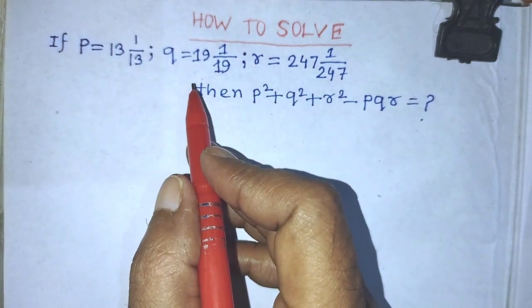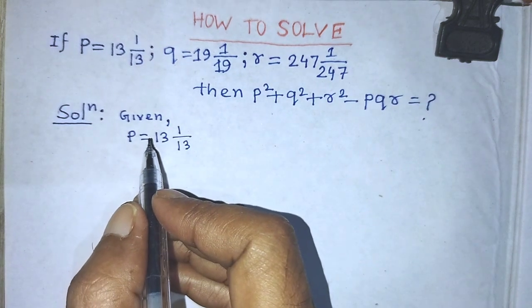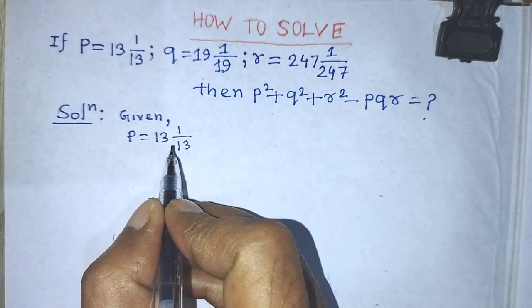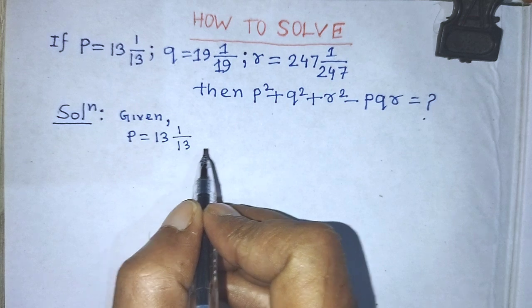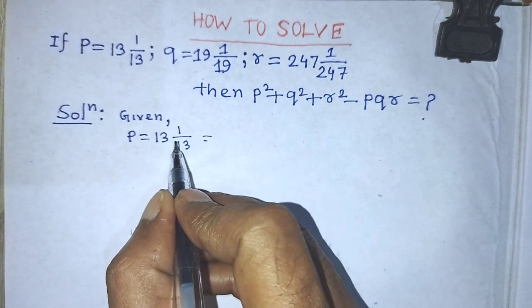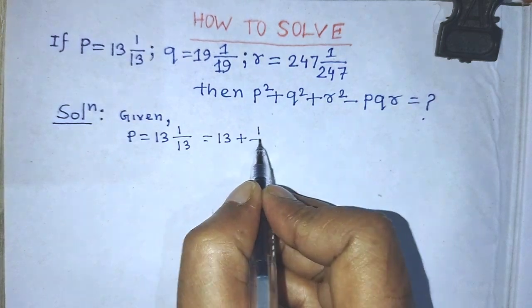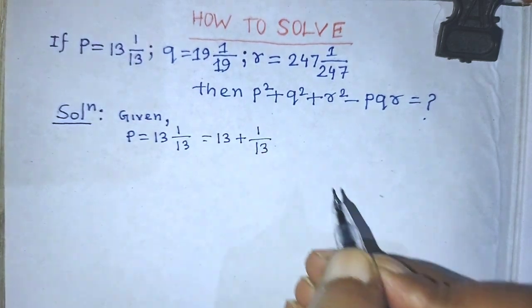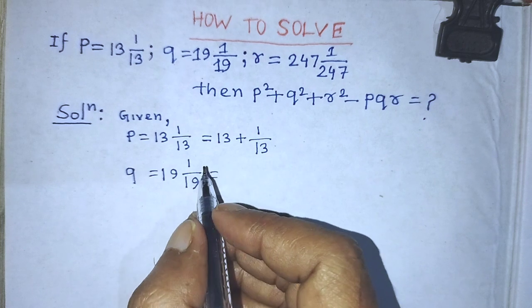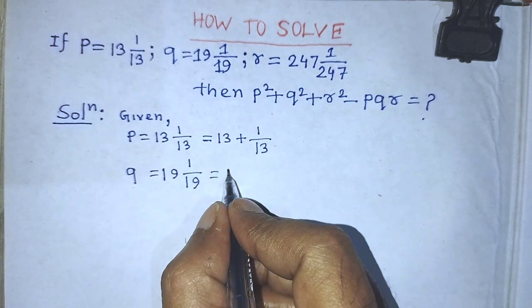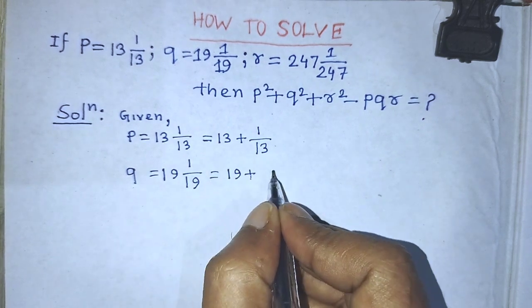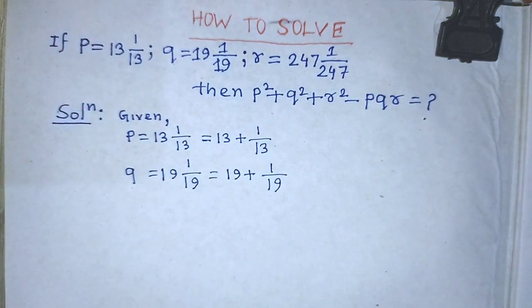the given condition. So student, given that P is equal to 13 and 1 by 13. So we can write from this mixed fraction 13 plus 1 over 13. Okay student. So we can write from this mixed fraction Q equals 19 plus 1 over 19.